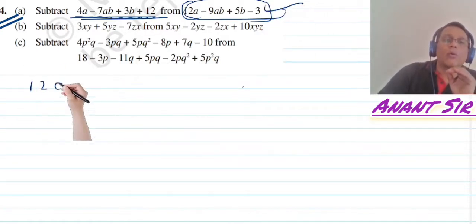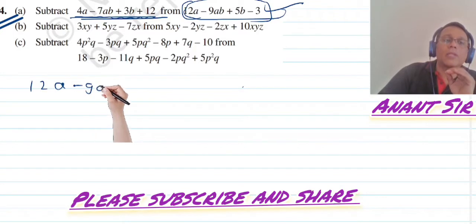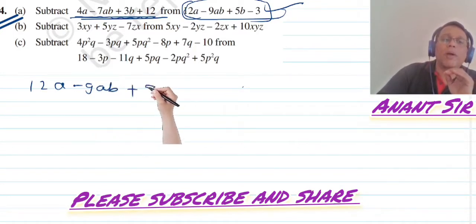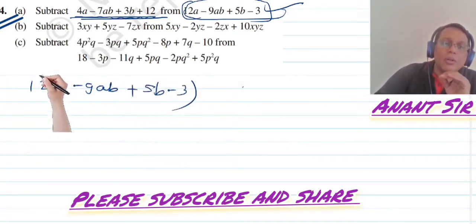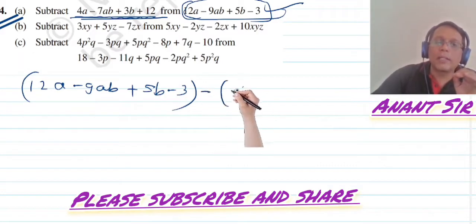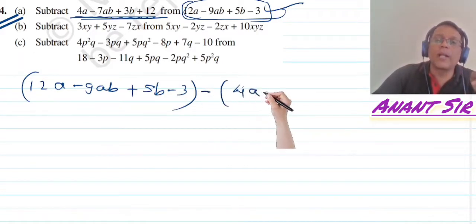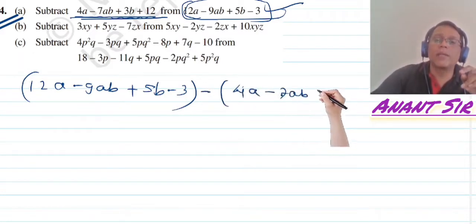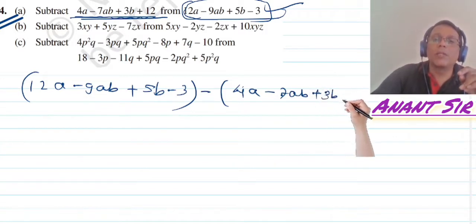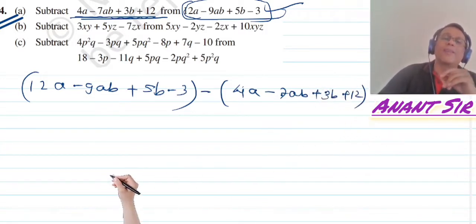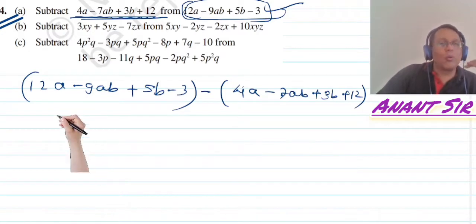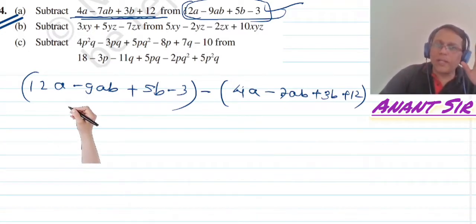That is, you write 12a minus 9ab plus 5b minus 3 first, and then subtract the first term from it, that is 4a minus 7ab plus 3b plus 12. So the first step is now clear to us.